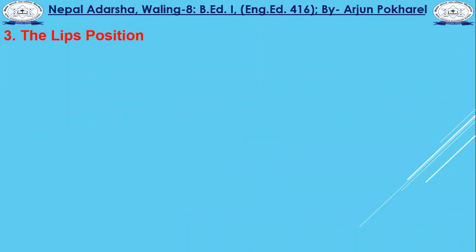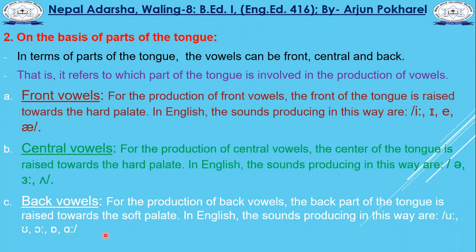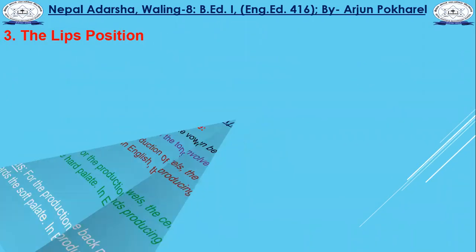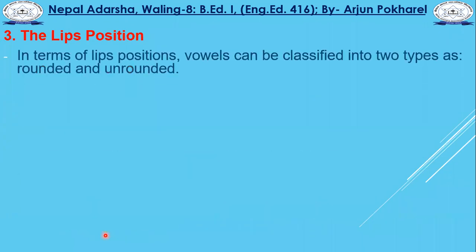Now I'll move to the next one, that is, how vowels are classified according to lip position. What happens to your lips in the production of the vowels?